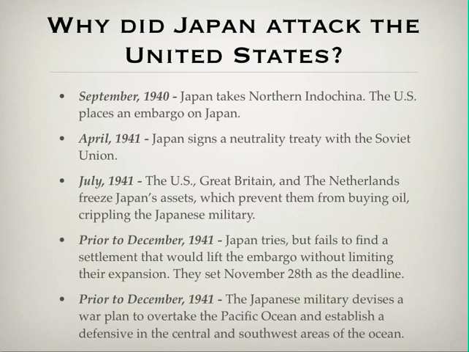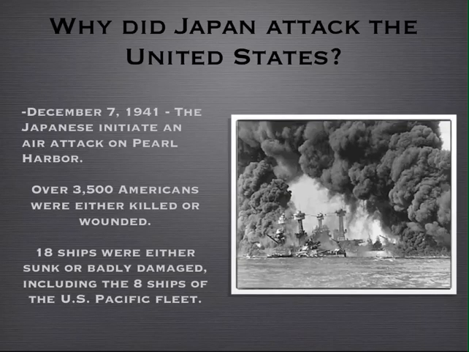And then later, the Japanese military devised a war plan to overtake the entire Pacific Ocean, all of the islands throughout it, and they established a defensive perimeter in the central and southwest areas of the ocean. So, because the U.S. Navy fleet was such a threat to their attempts to take over the Pacific Ocean, they decided to bomb it.